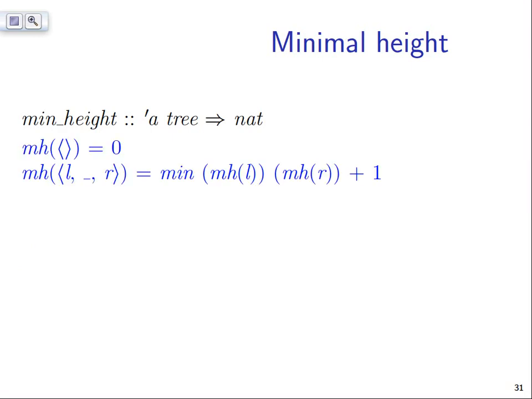So it's like the height, but in a node, you take the minimum of the two minimal heights and add 1 to it. And again, we use the MH abbreviation only on the slides.